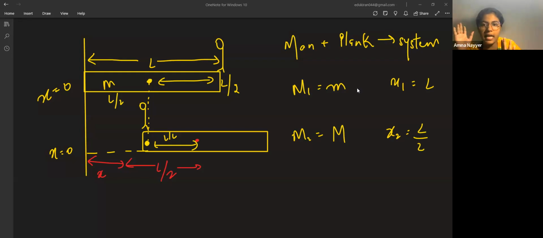So m and L. Mass of plank is capital M. From which point will you consider separation? First point, left point, right point, which point? Center of mass. That is the entire purpose of center of mass. And center of mass is at L by 2 for symmetrical figures. So this is L by 2. First tell me, is this part clear to all of you?